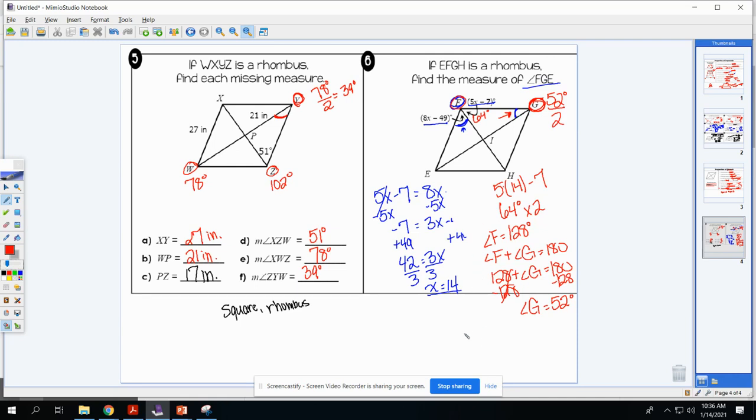So angle FGE is equal to 52 divided by 2. Angle FGE, final answer, is equal to 26 degrees.